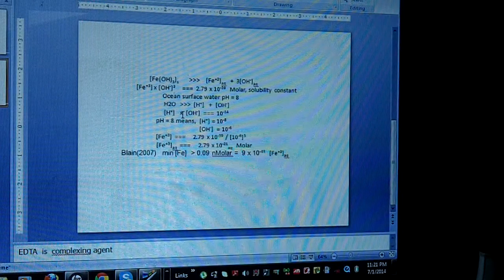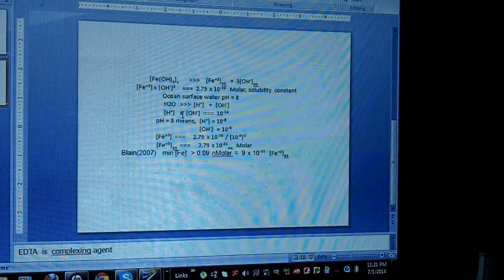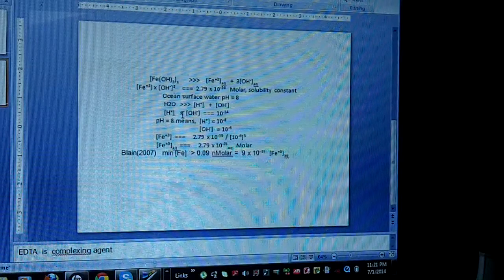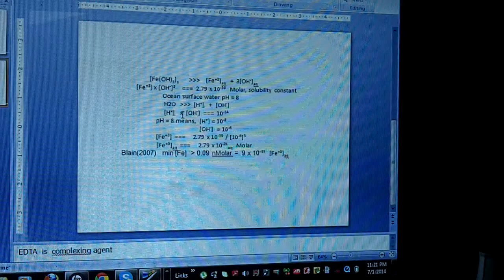So then the product of those two is found to be 10 to the minus 14th power. So, going down to the next line, then pH 8 means that hydrogen ion concentration is 10 to the minus 8. And if we solve that previous equation for hydroxyl, we get the hydroxyl concentration at pH 8 is 10 to the minus 6.